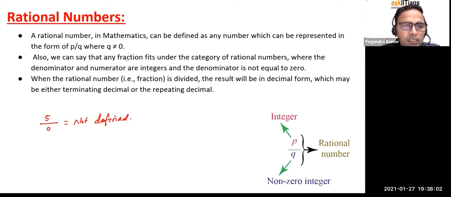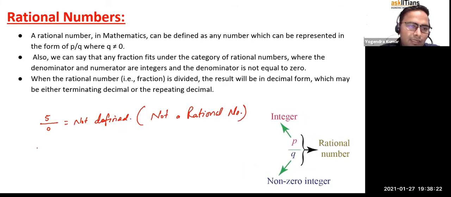Also, we can say that any fraction fits under the category of rational numbers where denominator and numerator are integers and denominator is not equal to 0. So if I say this here, it is not a rational number. But is 1.1 a rational number? Yes, it is rational. Why?